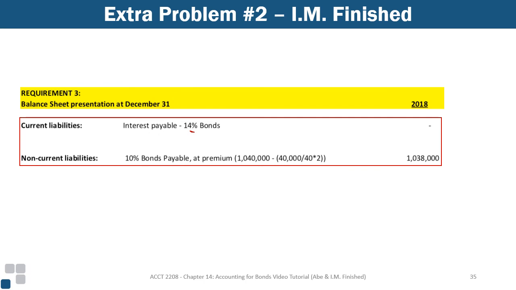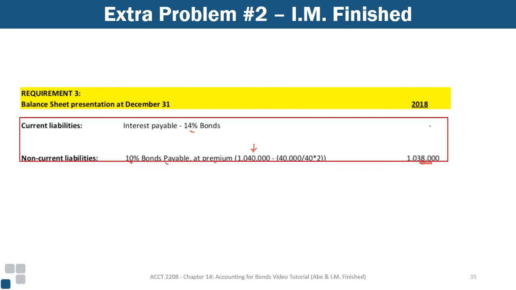We do have a non-current liability, though, and it would be reported as 10% bonds payable at a premium, and the total value of the bond that's being carried is $1,038,000, which would be the $1,040,000 beginning carrying value, minus 2 periods at $1,000. So $2,000 of the premium has been amortized, giving you $1,038,000.